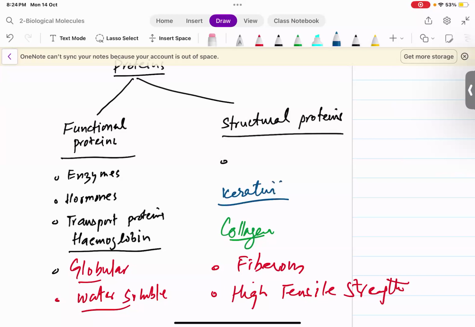So this is also fibrous. You also know about silk, which is again a protein, and that's also a structural protein. So silk, keratin, and collagen are structural proteins. Okay, so let's see hemoglobin first.